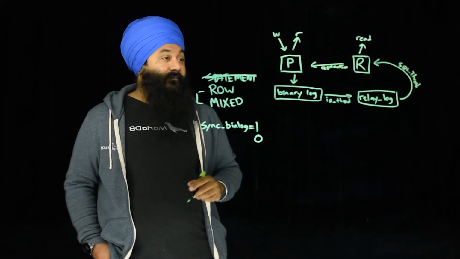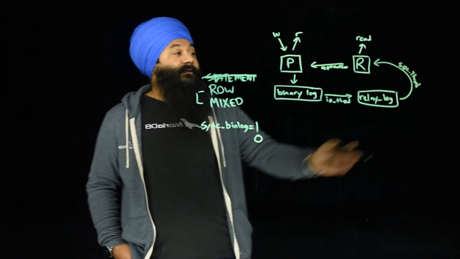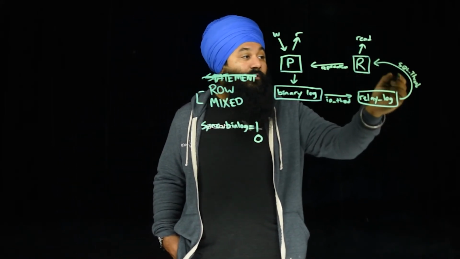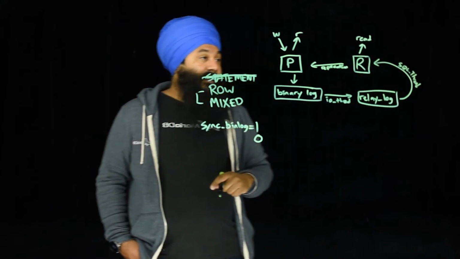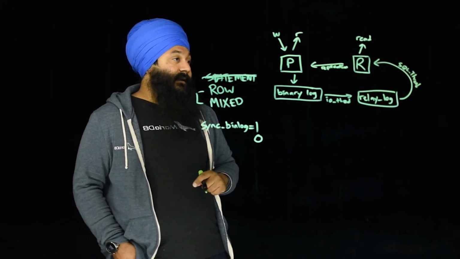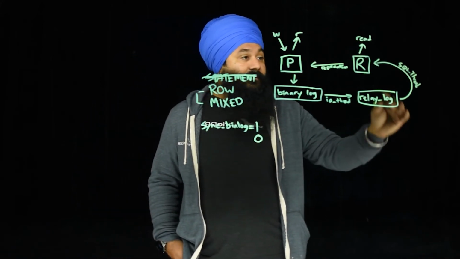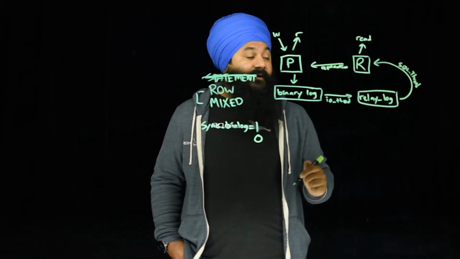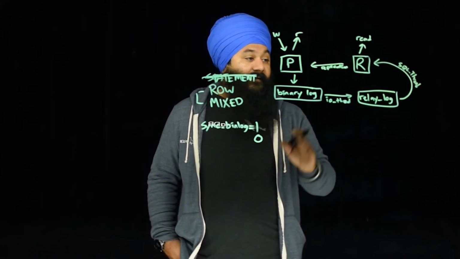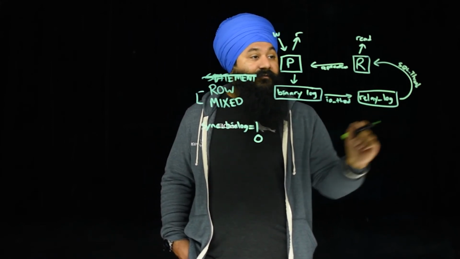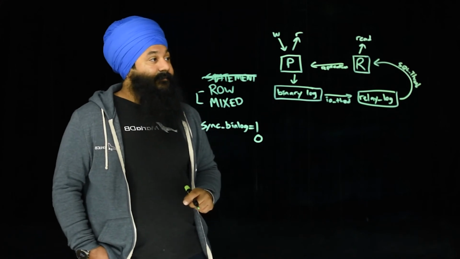Let's say you have high write workload on the primary. This is where parallel replication will come in, and you may have more than one SQL thread applying to that replica. And so basically this is how the replication flows from the primary to the replica via the relay log using the I/O thread and the SQL thread.